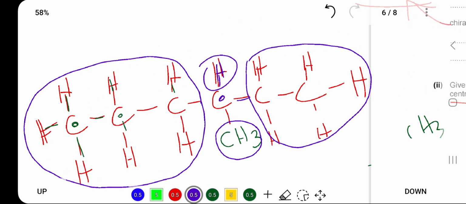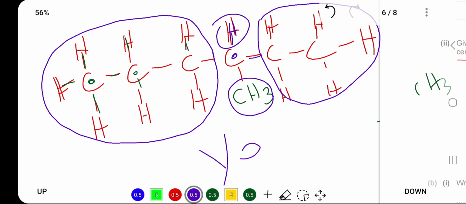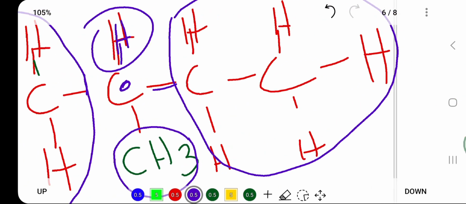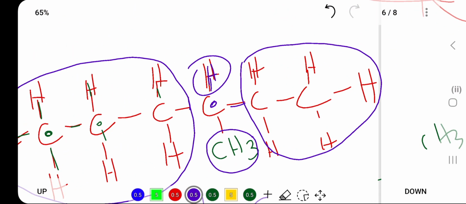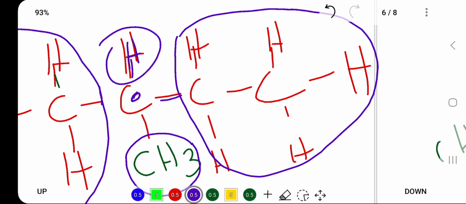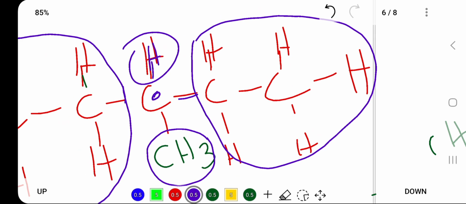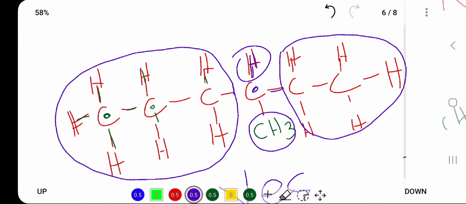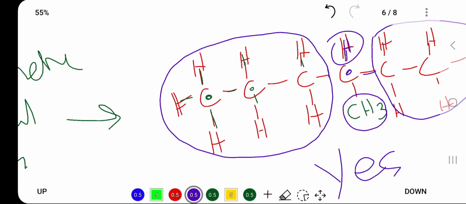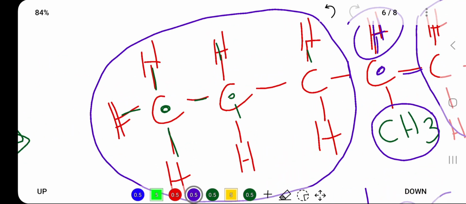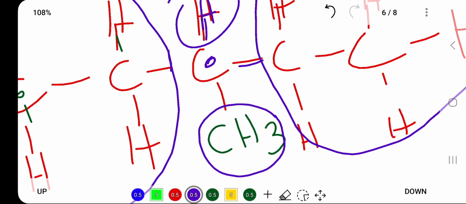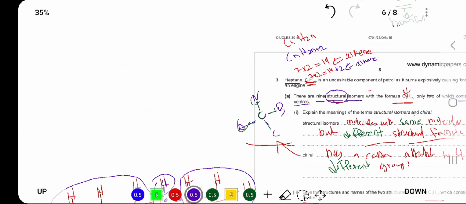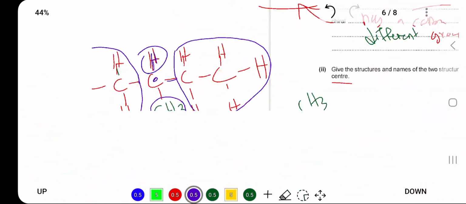So is it chiral? Yes. Why? Because they're all different groups. You have here C2H5, and here you have C3H7, and down you have CH3 and H. So they're all different groups.